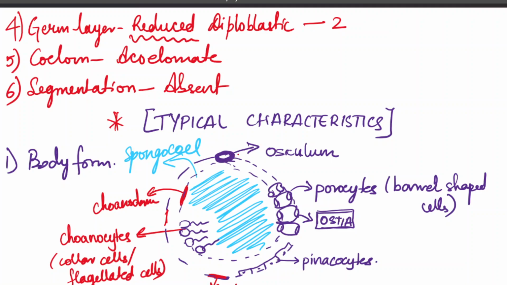Just draw one osculum, two dotted layers. Outside is pinacocytes, known as the pinacoderm, and porocytes are present there. Inner is the choanoderm, which means choanocytes are there. They're nothing but collar cells, flagellated cells. They have flagella, right? And then inside is the spongocele.